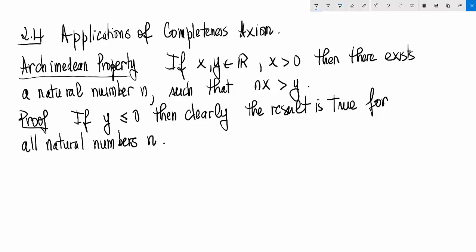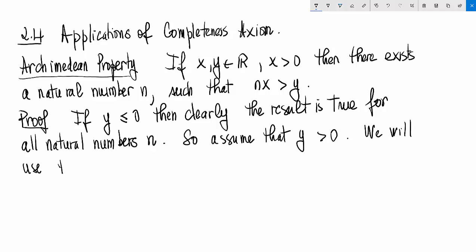Okay, all right, back to our proof. So the case where y is less than or equal to 0 is clear. So let's assume that y is positive, and here we will use the method of proof by contradiction.